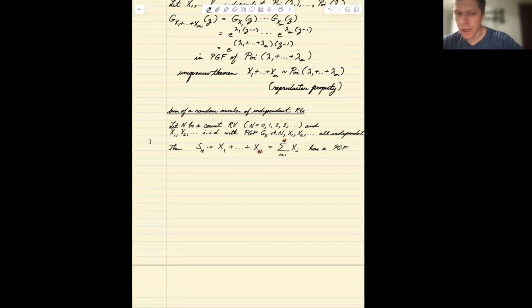Then this random sum has a probability generating function, which we write G sub S, which is equal to the generating function of N composed with the generating function of X1.